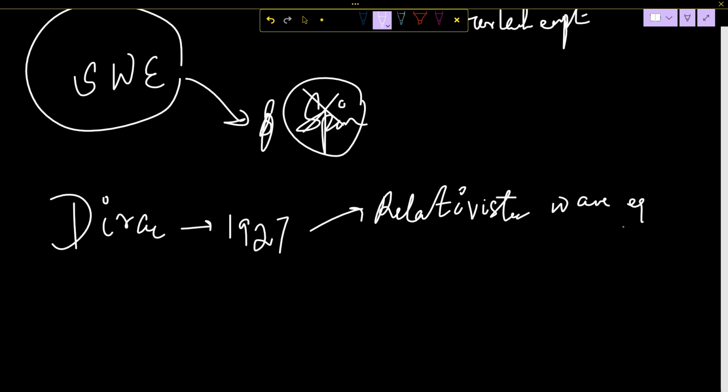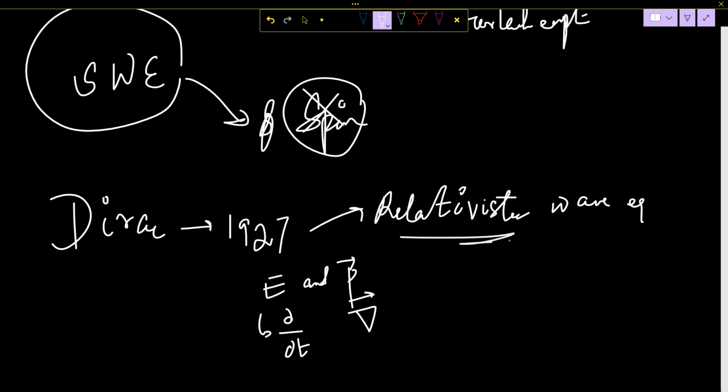He wrote down a relativistic wave equation that he required to be linear in energy E and momentum P. What does that mean? It is linear in the operator ∂/∂t, and for P it is the del vector.